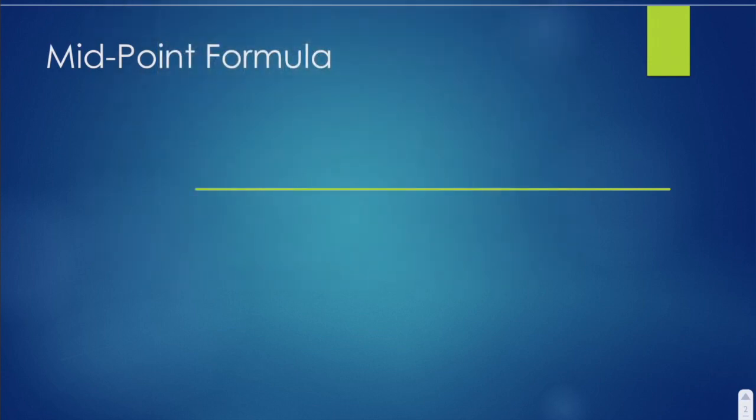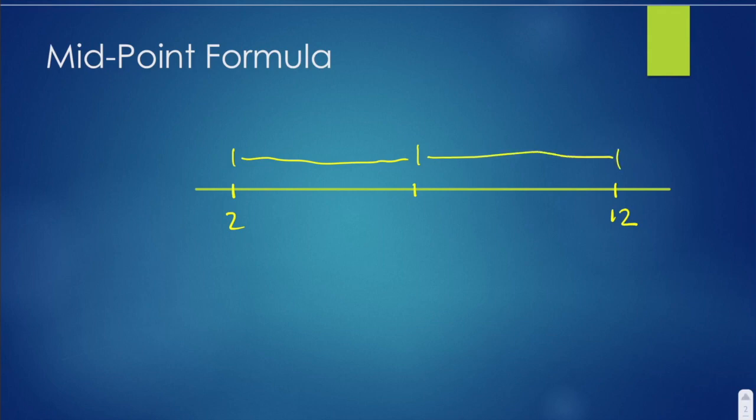If we just start with a number line and identify that this is maybe 2 and that this is maybe 12 on the number line, we can actually calculate a point between 2 and 12 that is equidistant from 2 and 12. Meaning that that distance right there is going to be the same as that distance right there. Well, calculating it is actually very simple.